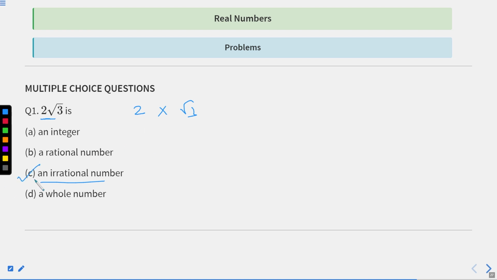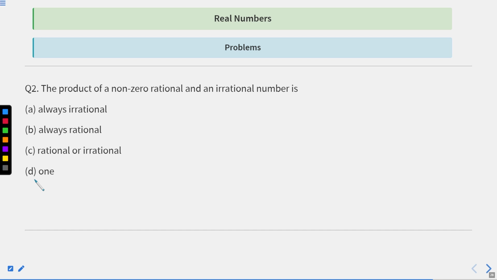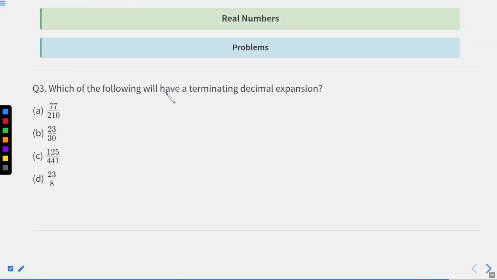Next, the product of a non-zero rational number and an irrational number is always an irrational number, so option A is correct.